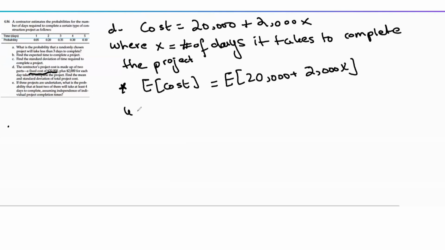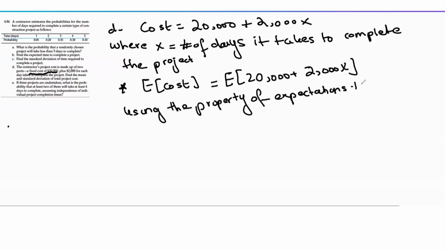Here we'll use the property of expectations that the expected value of ax plus b, where a and b are constants, is a times the expected value of x plus b. We're going to use this property where expectation can go inside summation, which means that the expectation of a sum is the sum of expectations. The expectation of a constant is equal to the constant, and constant multiples can come outside of expectation.